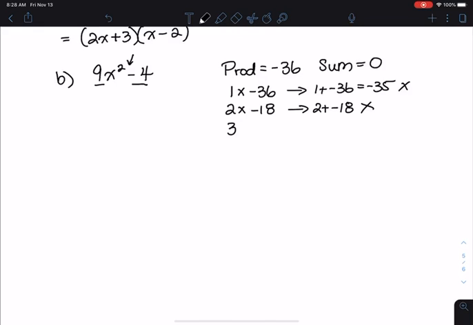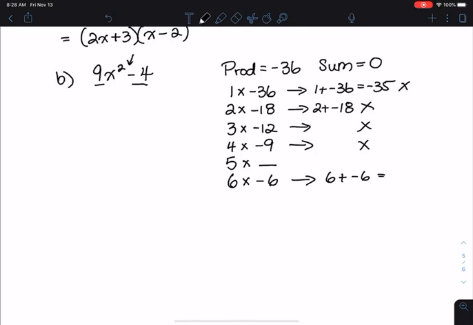Go to 3. 3 times negative 12 is negative 36. Add those together. We don't get 0. 4 times negative 9. Add those together. We don't get 0. 5 doesn't go into that nicely, so we skip that one. 6 times negative 6. 6 plus negative 6 is equal to 0. So the numbers are 6 and negative 6.